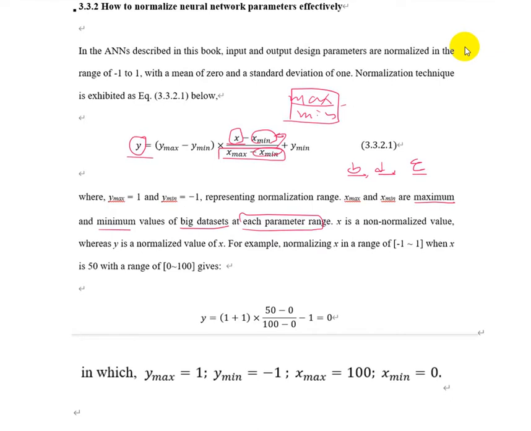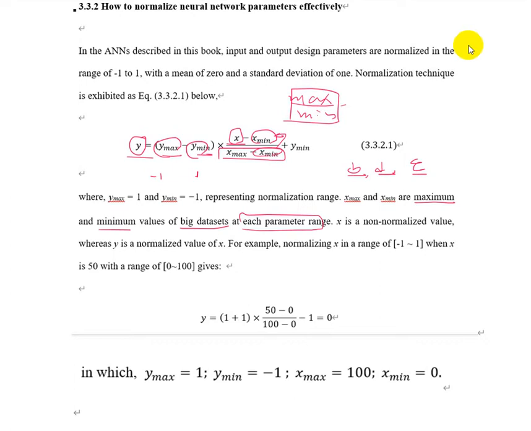And y max and y minimum is the range that you want to normalize your big data into. So you want to get all this big data normalized between -1 and 1. Then y max should be 1, and y min should be -1. For example, we have a very simple data here.